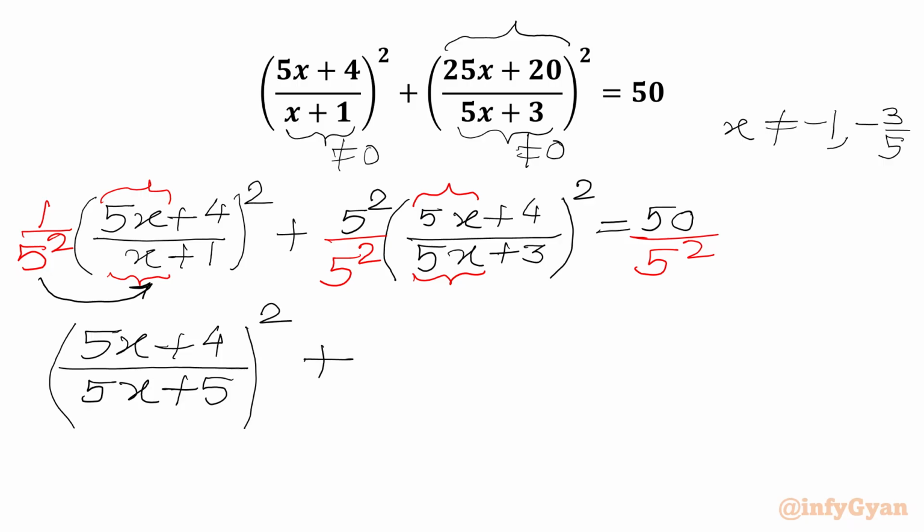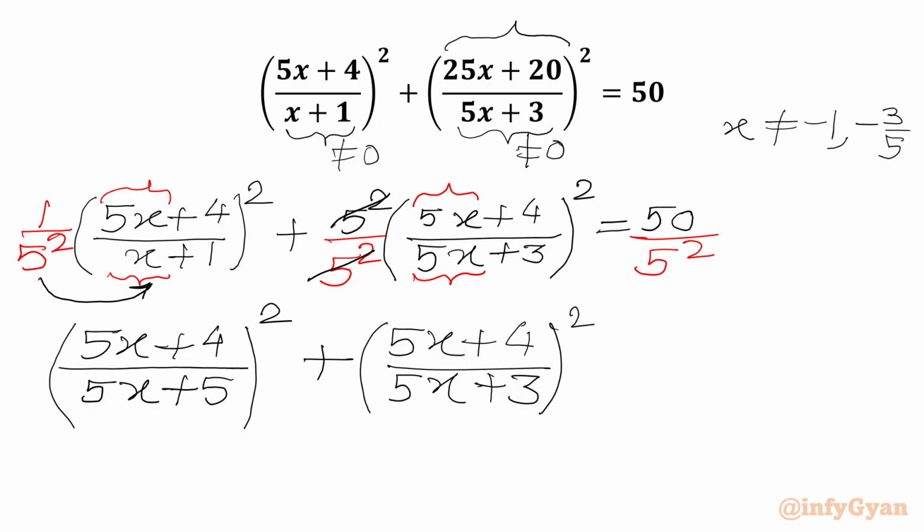Then we will write here plus, this 5 square will be over. We will write 5x plus 4 over 5x plus 3 whole square. And in RHS we will write 50 over 25, which will give us 2.